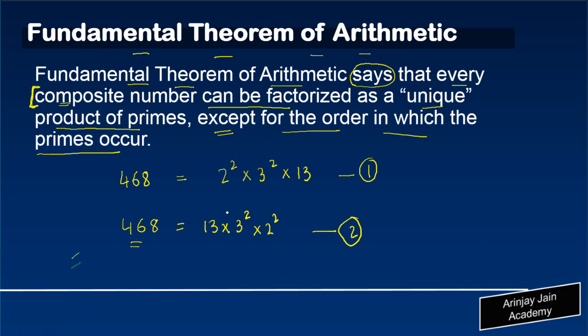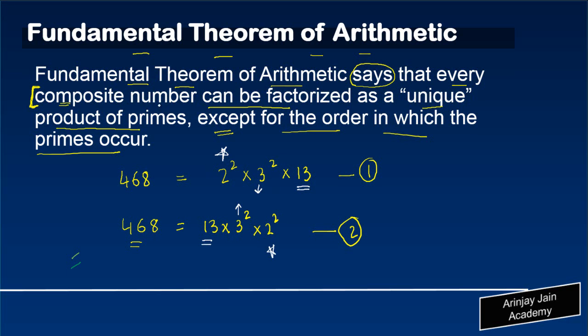Now if you notice, in both these situations we have 13 over here and 13 over here, 3 square over here and 3 square over here, 2 square over here and 2 square over here.